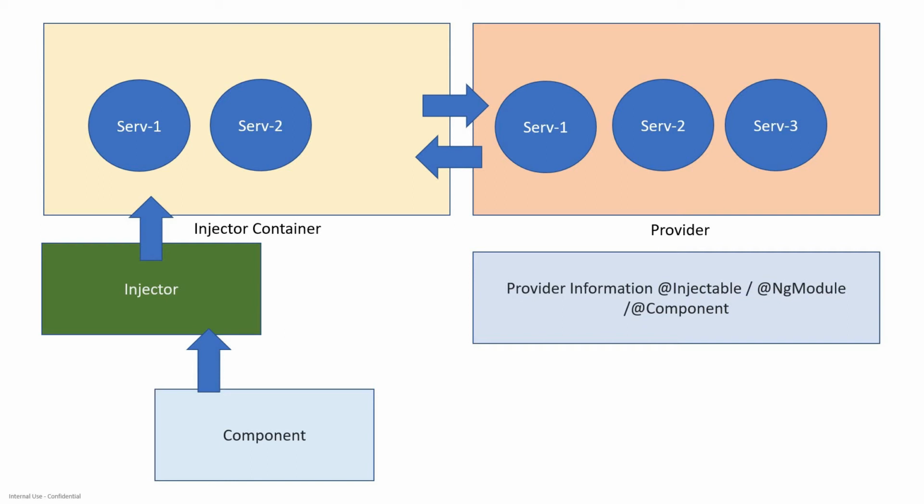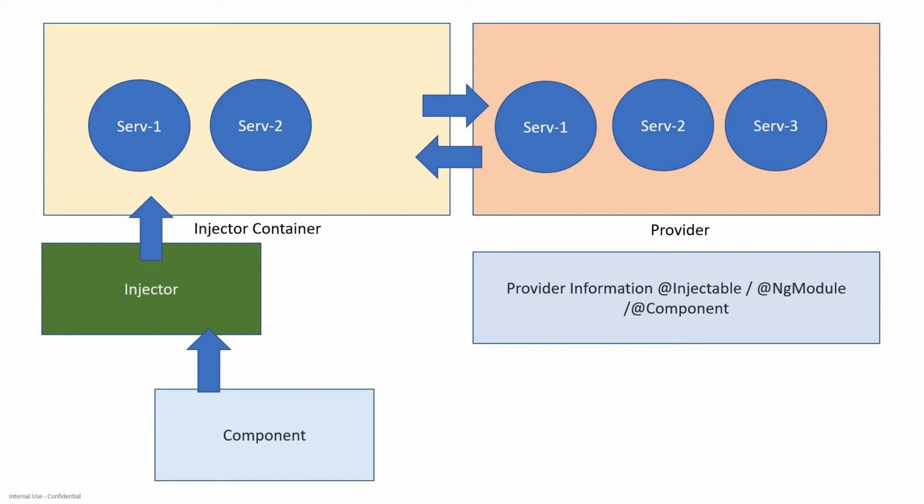So when the bootstrap happens, the injector is created for the whole application, and it maintains an injector container. Inside the injector container, you will have the service 1 instance, service 2 instance, service 3, like that.